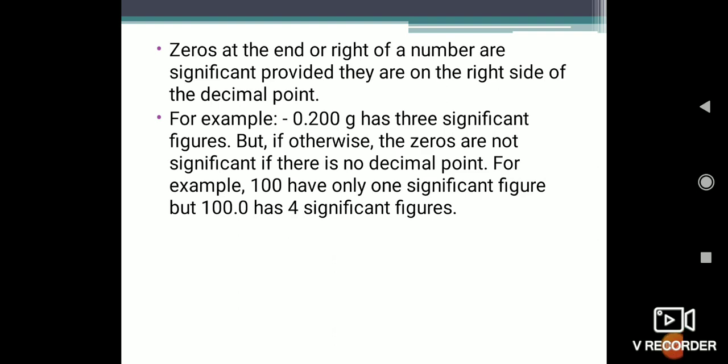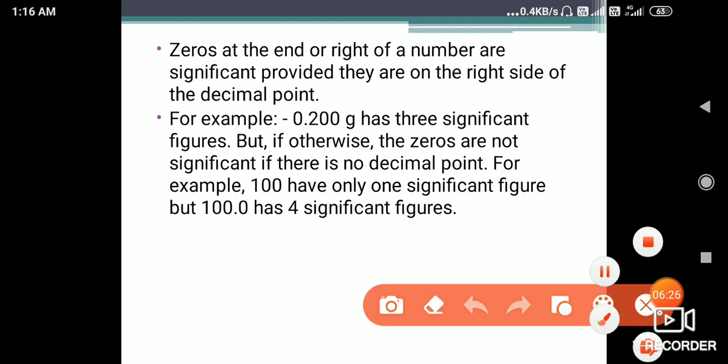So here, the 0 before the decimal will not be counted for the significant figures. But if there is a decimal point and on the right side of the decimal point there is a non-zero digit, along with zeros after the non-zero digit, then they will be counted for the significant figures.